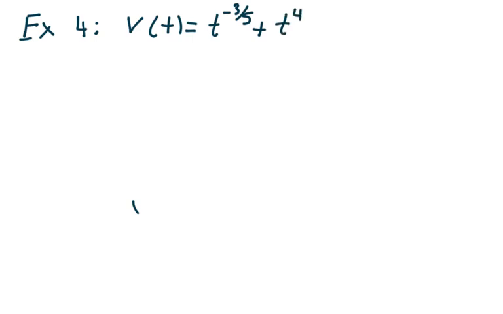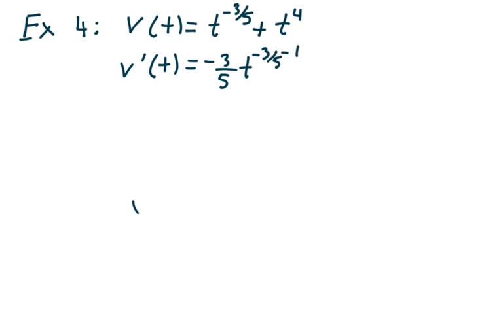Example 4. Suppose I had v of t is t to the negative 3 over 5 plus t to the 4th. So if I take the derivative of v, I have to take the derivative of each of the terms. So that's negative 3/5 t to the negative 3 over 5 minus 1, right?